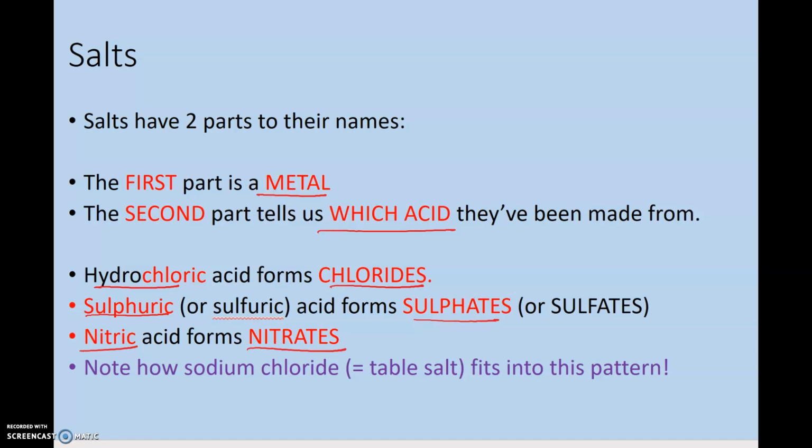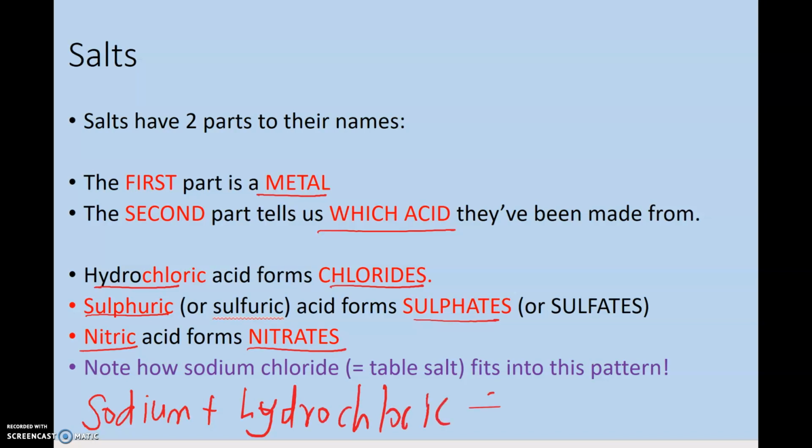So if I was to do an example, I've got sodium chloride, then what acid do you think I have used? And the answer is I would have done sodium plus hydrochloric acid, which would have given me sodium chloride and hydrogen.